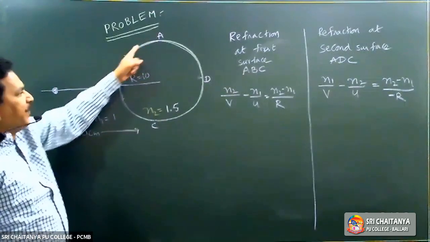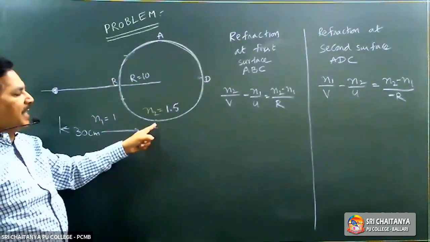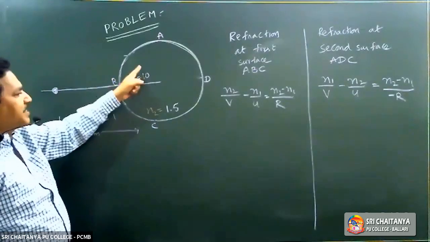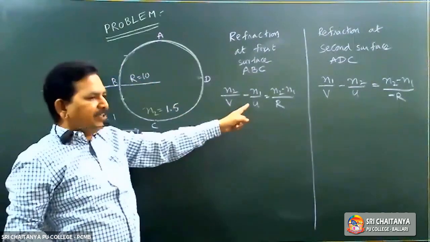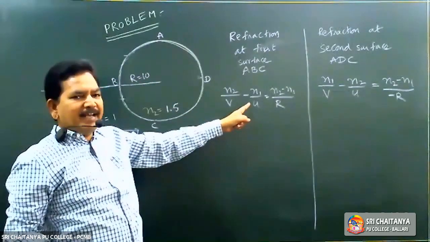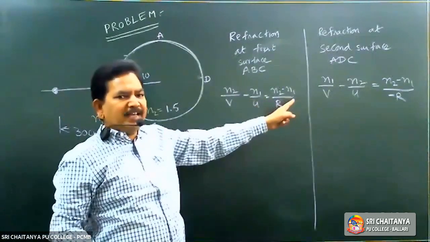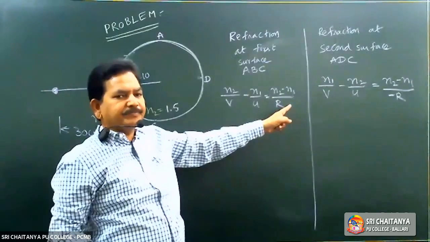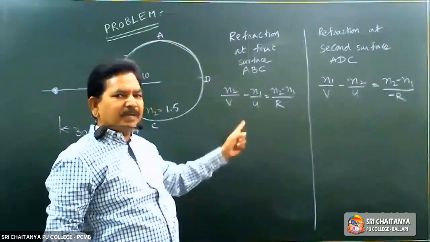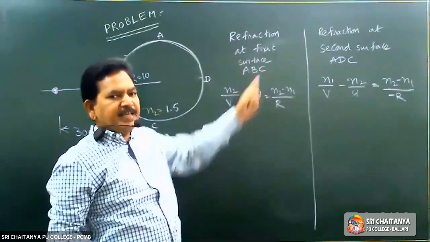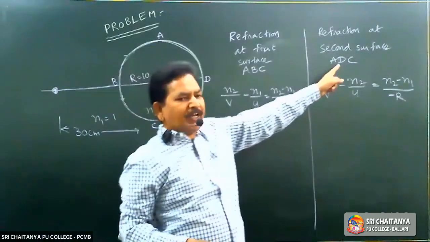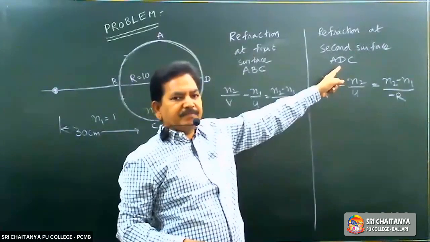Near the first surface, light ray travels from rarer to denser, that's why N2 by V minus N1 by U is equal to N2 minus N1 by R. The image formed at the first surface becomes the object for the second surface.